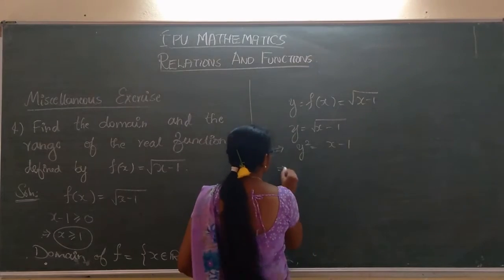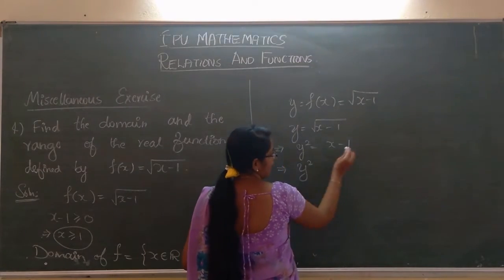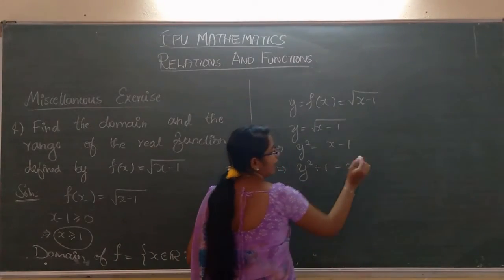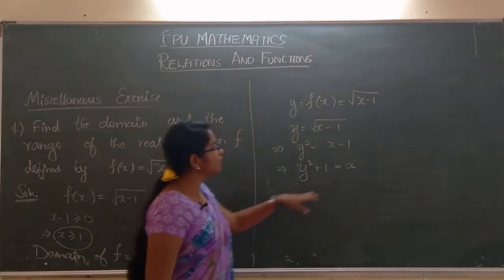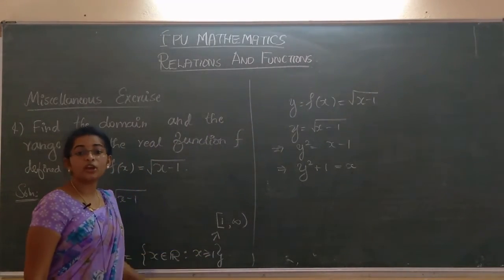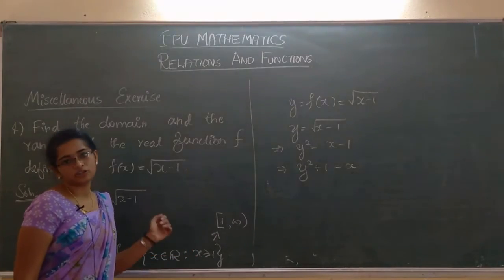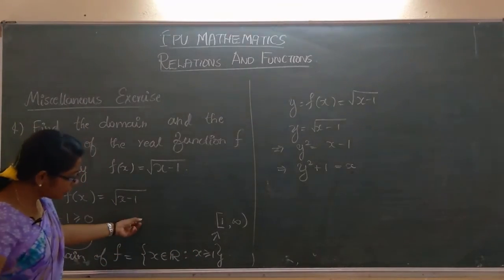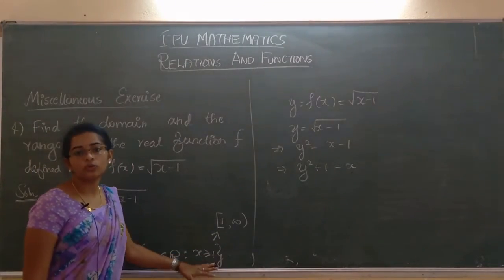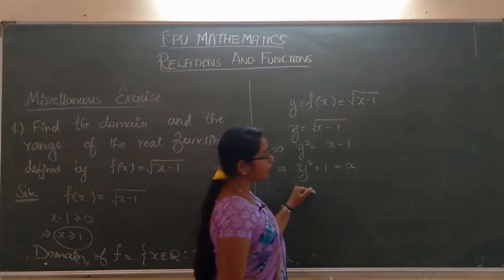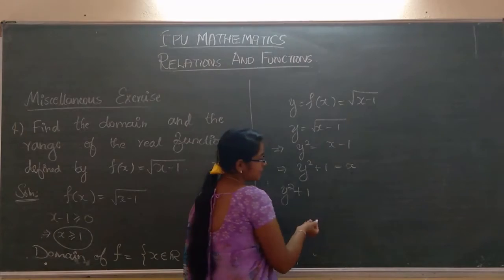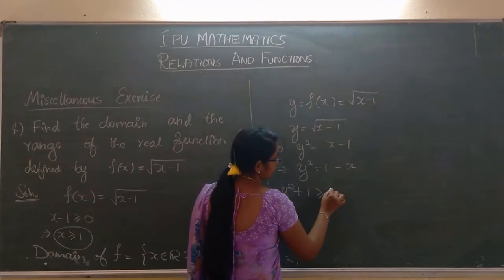What does that imply? I will take minus 1 to this side, y squared plus 1 is equal to x. And I know that this x should be greater than or equal to 1 in order to get the well defined function. I have the domain of f to be x greater than or equal to 1, and x equal to y squared plus 1. So, y squared plus 1 must be greater than or equal to 1.